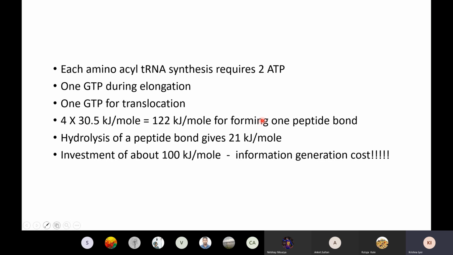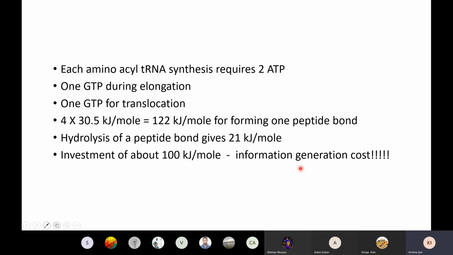Now if I hydrolyze the peptide bond, the energy which is released is only 21, which means in a sense I'm investing close to 100 kilojoules in making a peptide bond, and that is kind of a loss in a sense, right? Because when I hydrolyze, I'm going to get only energy equal to 21. But the reason for me being willing to spend this 100 kilojoules per mole is the energy for generating information.